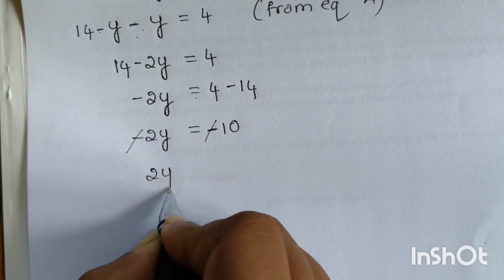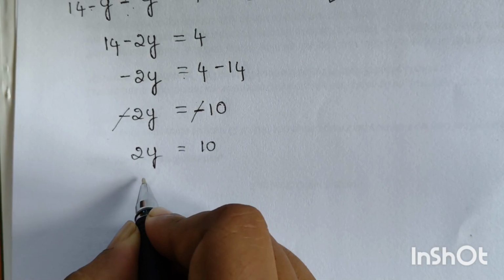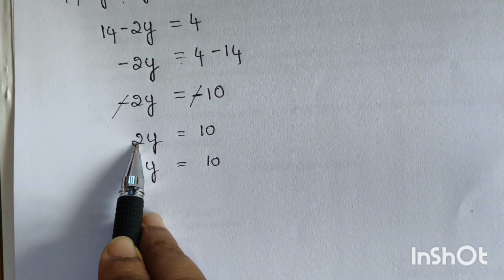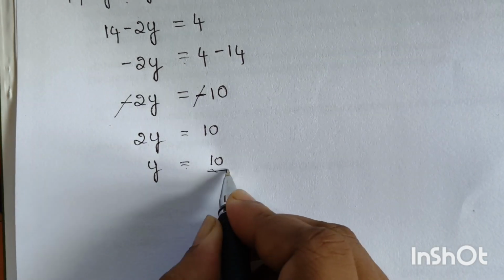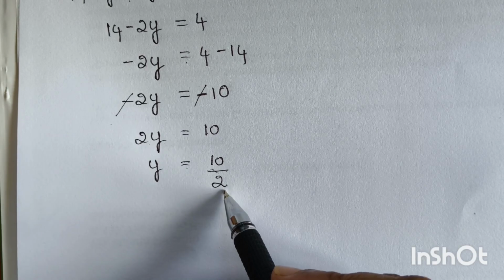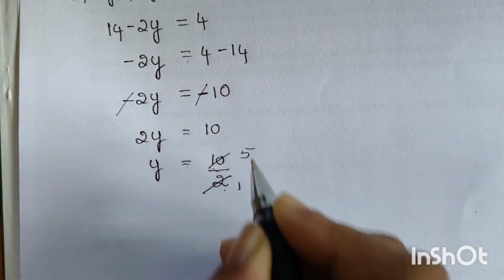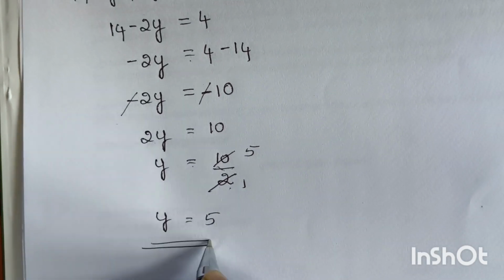Therefore it will become 2y is equal to 10. Y is multiplied by 2; when it crosses the equal to sign, it will become division. Therefore, we can write y is equal to 10 by 2. 2 ones are 2, 2 fives are 10. Therefore, y is equal to 5.